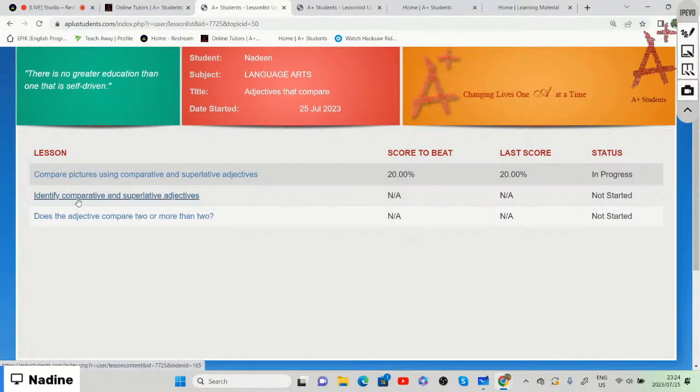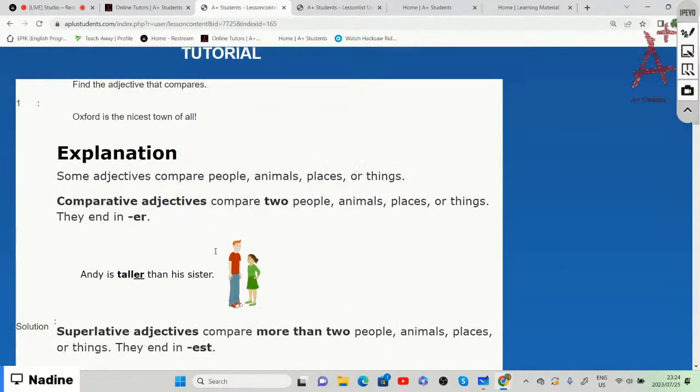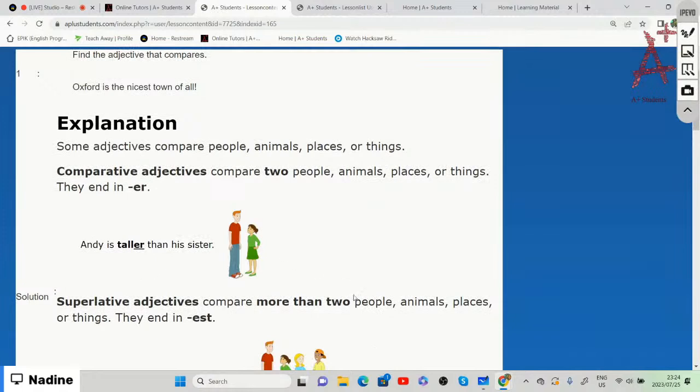Now we're going to identify comparative and superlative adjectives, right? And once again, some adjectives compare people, animals, places, or things. Comparative adjectives compare two and end in er. Superlative adjectives compare more than two and end in est.